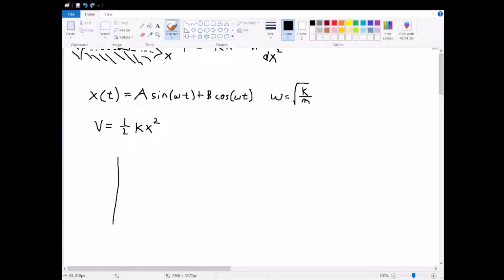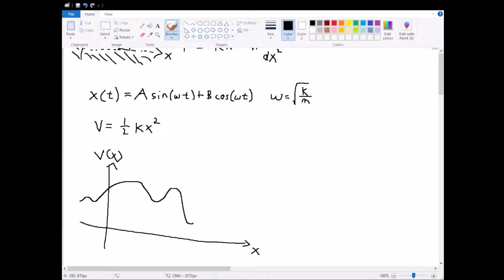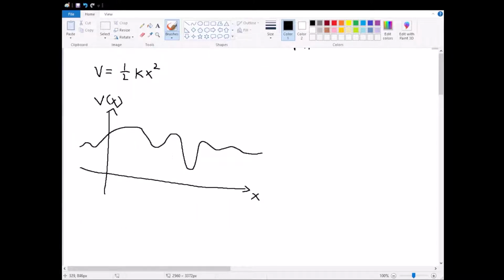Let's consider some system where our potential, V of x, looks like some crazy thing, like something like this. This is obviously not a simple harmonic potential, because a simple harmonic potential requires a perfectly parabolic system.